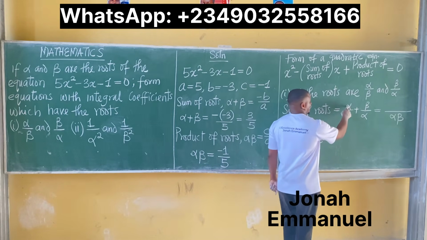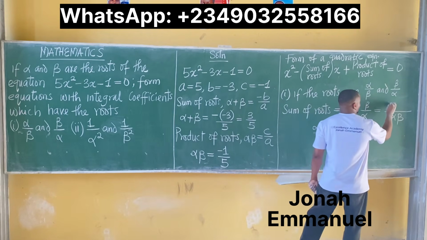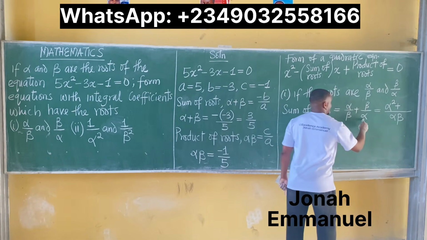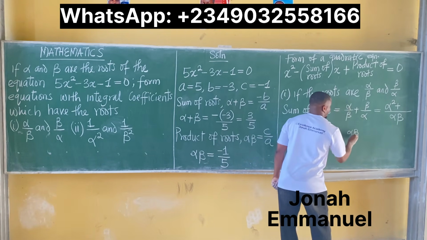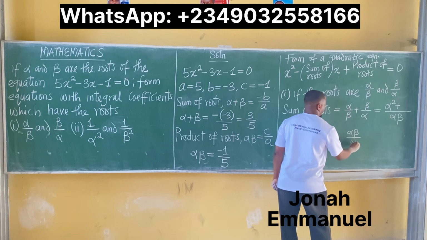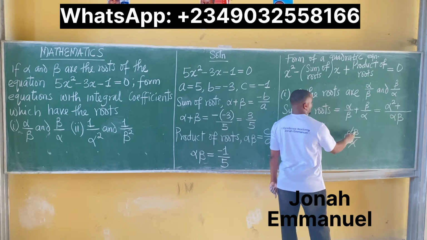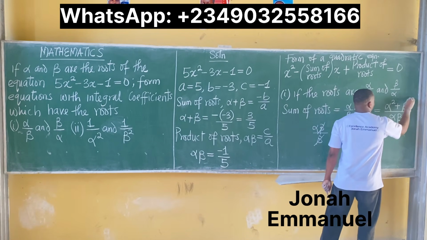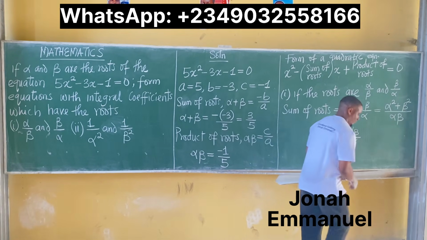Use alpha to multiply the numerator: alpha times alpha gives alpha squared. Plus, next, alpha beta divided by alpha: this cancels alpha, I have beta. Use beta to multiply beta, beta times beta gives beta squared. So we have this.